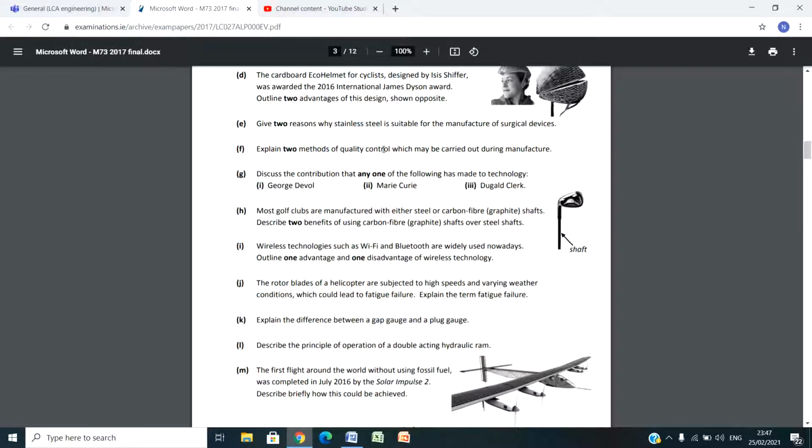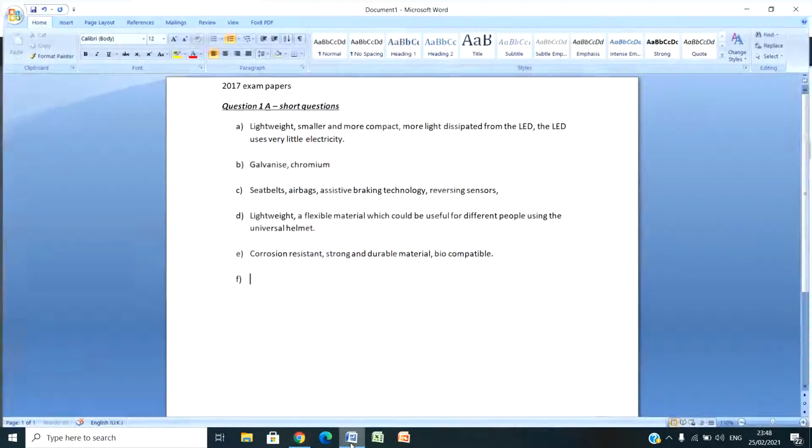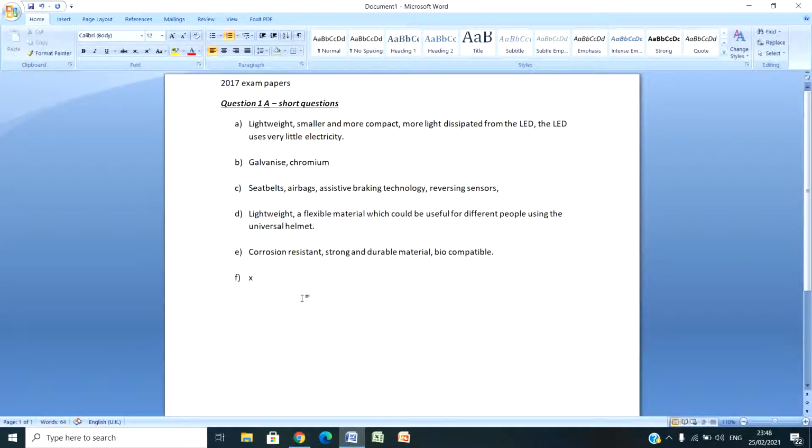Explain two methods of quality control which may be carried out during manufacture. In materials testing, we had quality control. So you could use X-ray tests, you could use ultrasonic tests.